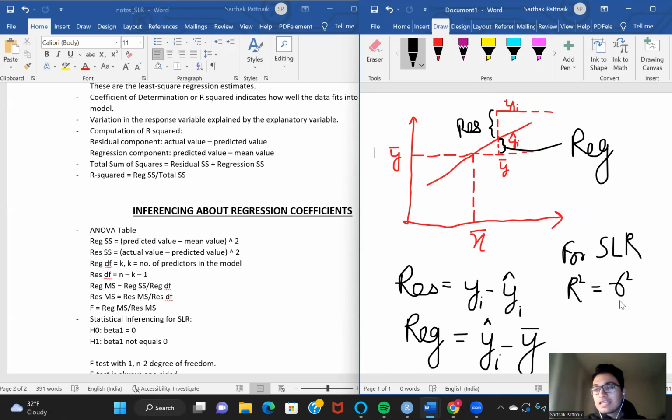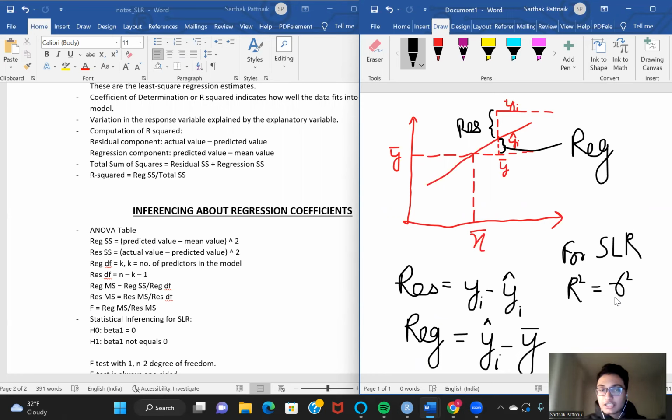So please remember, only in the case of simple linear regression, do not extrapolate these results to a polynomial regression or a multilinear regression. Only for a simple linear regression, your value of coefficient of determination equals the square of the correlation coefficient. Right? So this is all that we had for coefficient of determination.